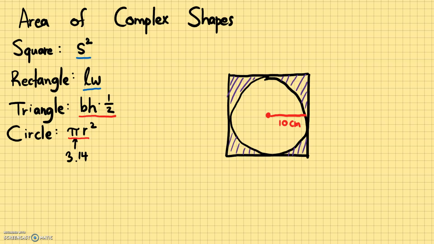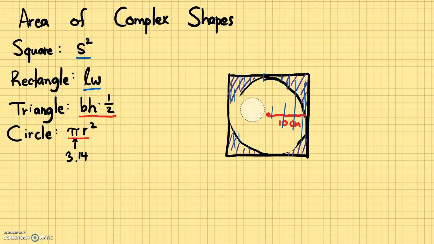Okay, how do you find the area of that purple area? Well, the purple area is really the area of the square minus the area of the circle. So the area of the square is, the whole thing is blue. So that's the area of the square, right? The blue part is the area of the square. And from here you subtract the circle portion.